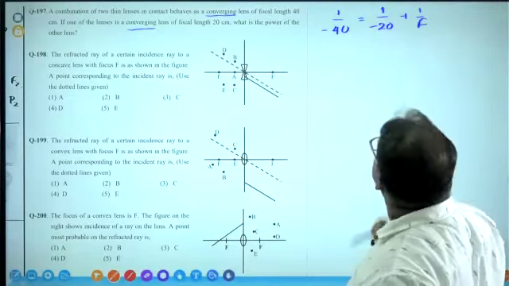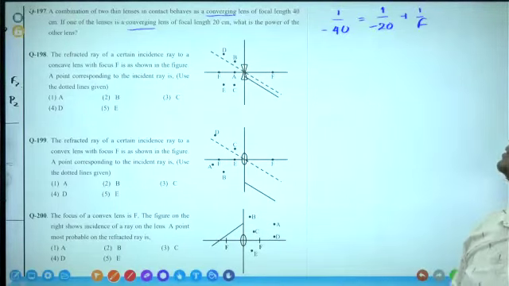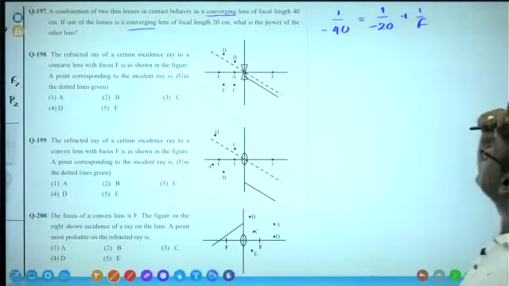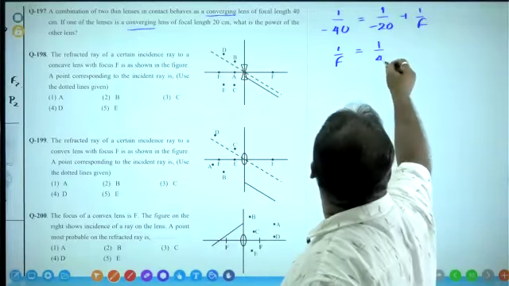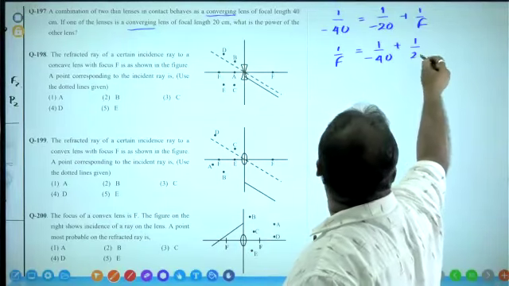Can we simplify this one? 1 over f becomes 1 over 40, minus here plus 20.